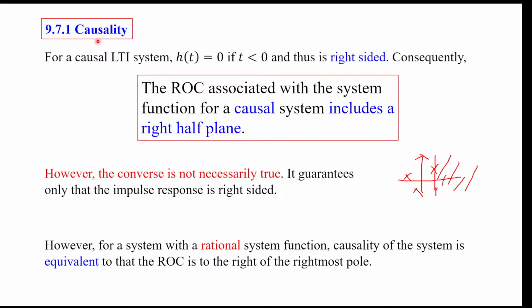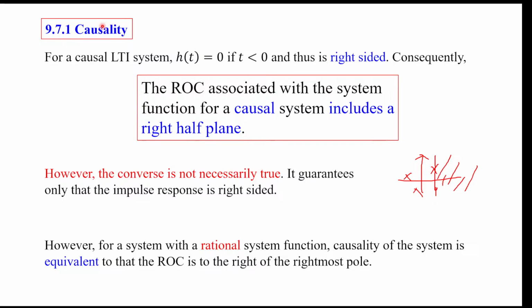But unfortunately, this is actually not an if-and-only-if condition. Okay, so this is very important here. A lot of the properties we have talked about so far are if-and-only-if conditions. But this thing is only one direction. In other words, if you are causal, then the ROC is right-sided. But if your ROC is right-sided, it doesn't mean your system is causal.